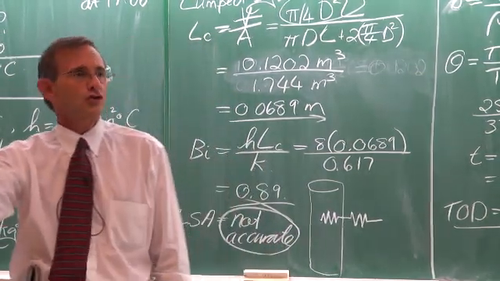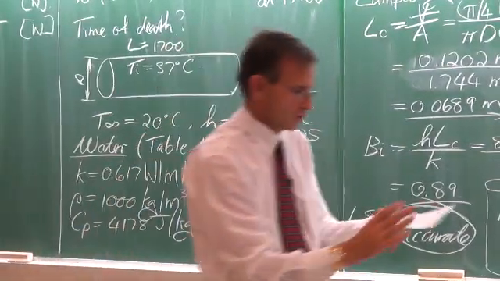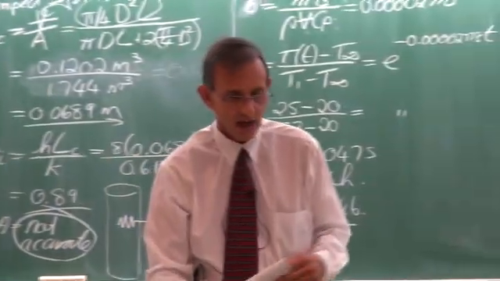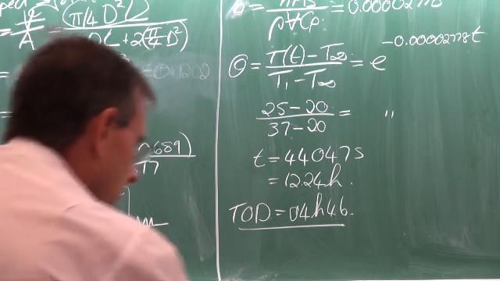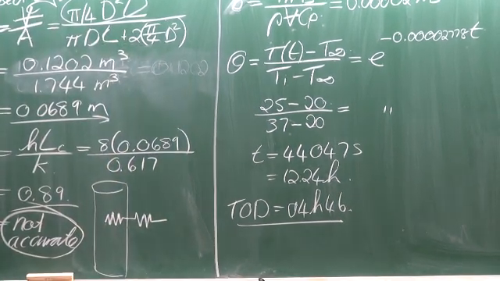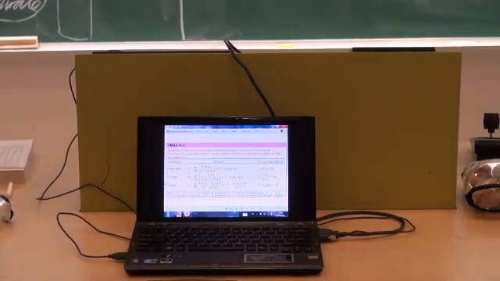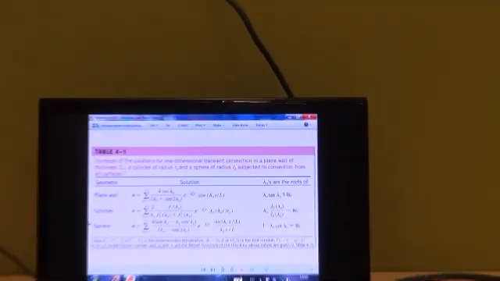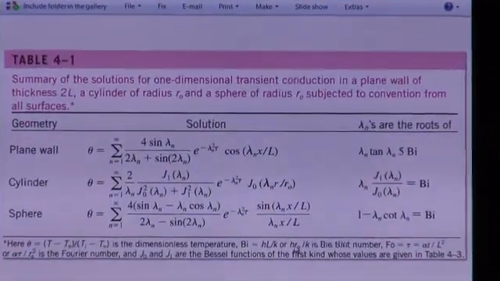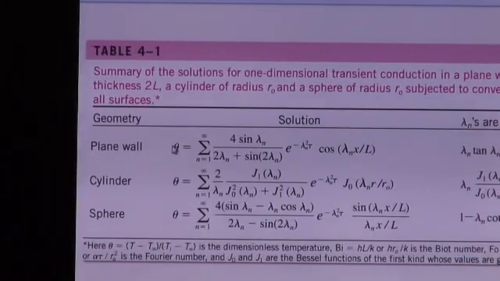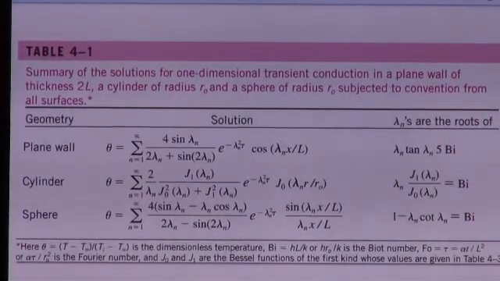So let's go to the theory in paragraph 4.2 that we've done just now. Again, in table 4.1, if we look at this table, we can see this is the temperature of the plane wall, and that one is for the cylinder.